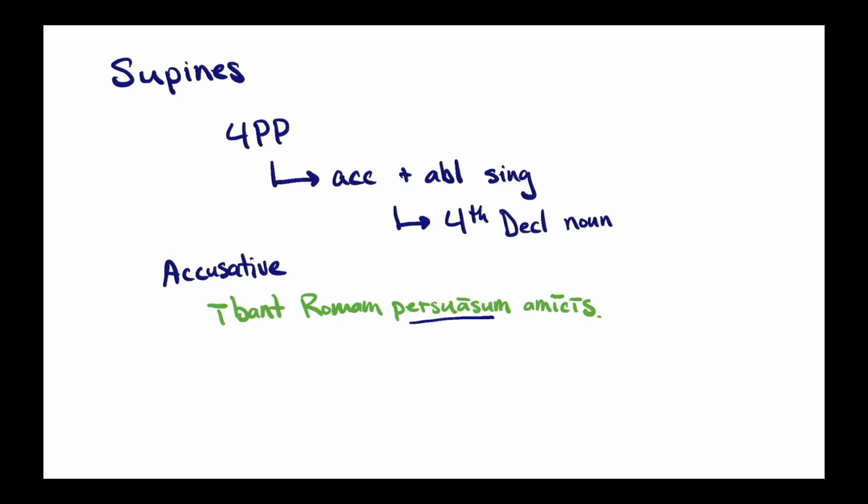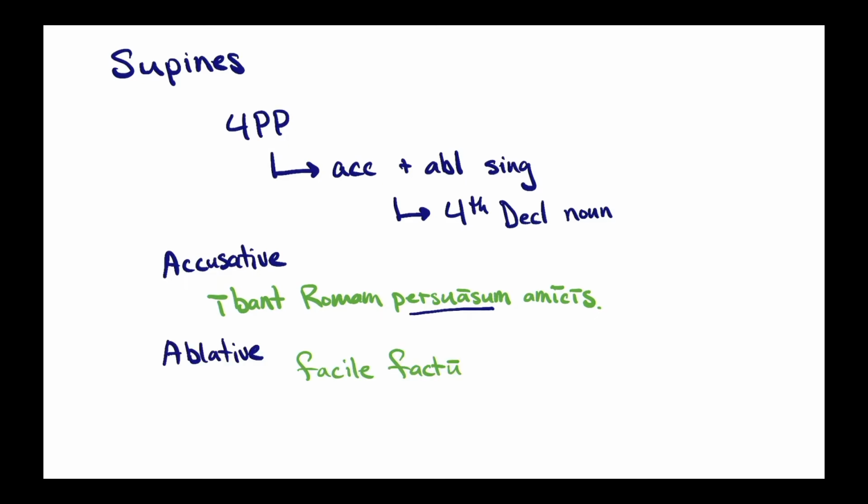The ablative case then has a slightly different meaning. The example here, facile, factu, and factu is our ablative supine. And what it means here, you could translate this very woodenly as easy, facile, easy, with respect to doing. Again, that's our supine. Easy with respect to doing. This is like an ablative of respect. Or you could just translate it as easy to do.